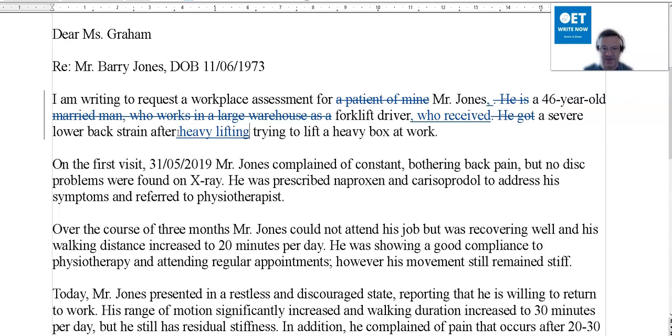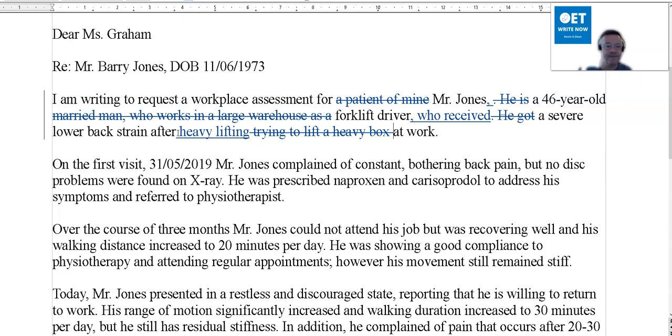We don't need to go into all the details, after heavy lifting at work, right? Because it doesn't matter how he got it. All that you want me, the reader, to do is to go around, look at his workplace and say, right, can he come back based on what this job involves? Based on what you said, his current condition, is he capable of returning to his job, yes or no?